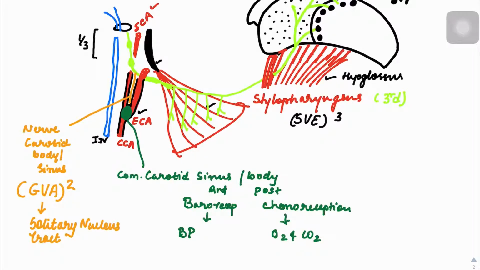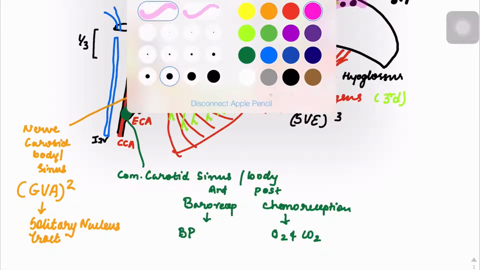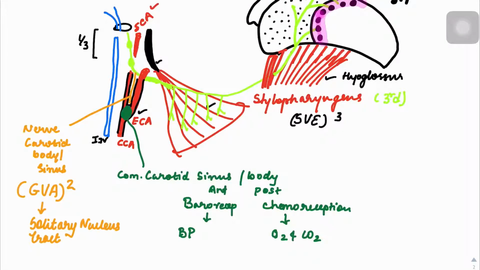It not only takes sensation from the posterior one-third of the tongue, but also from some part of the anterior two-third, that is the area where there is a circumvallate papillae.